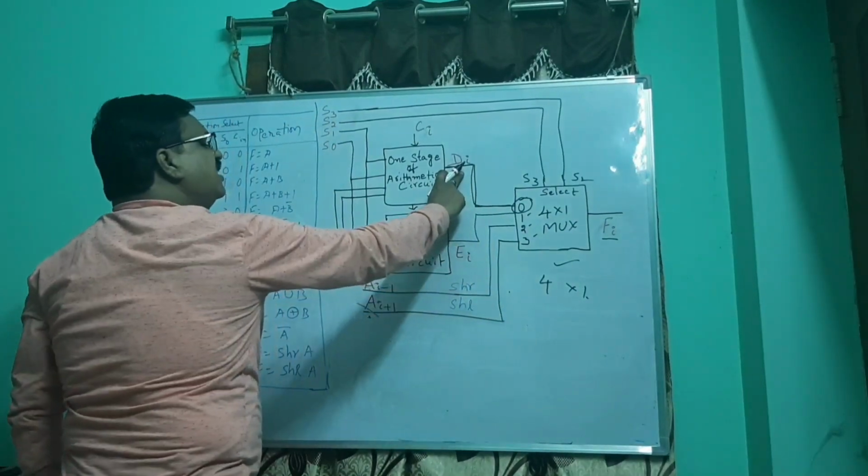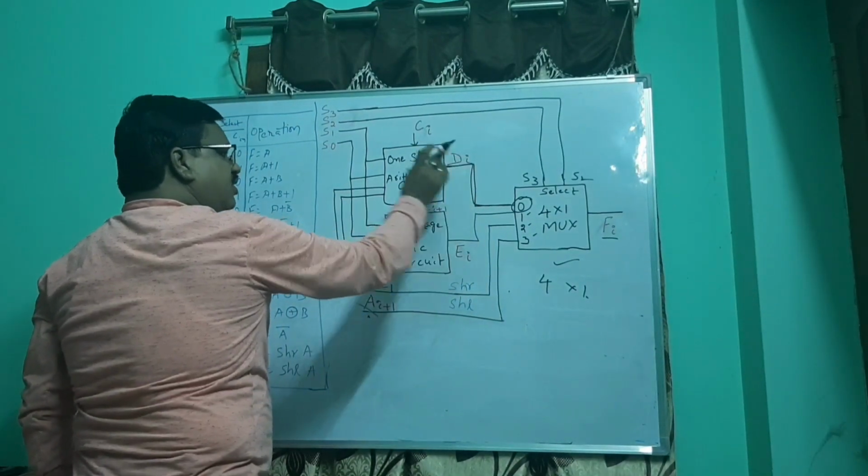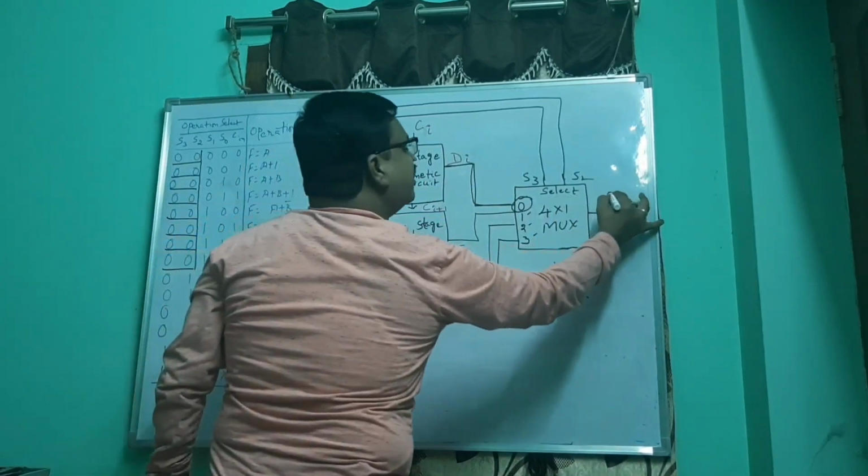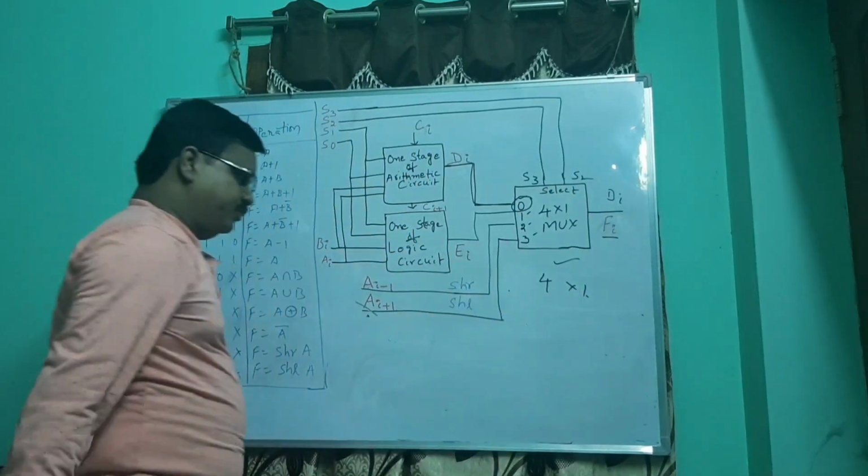Here Di is the input, the output from one diagram which we have connected here. So you will get Di as the output.